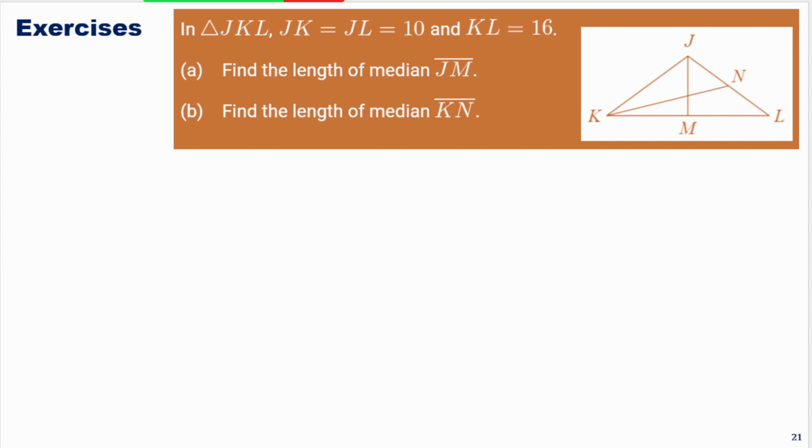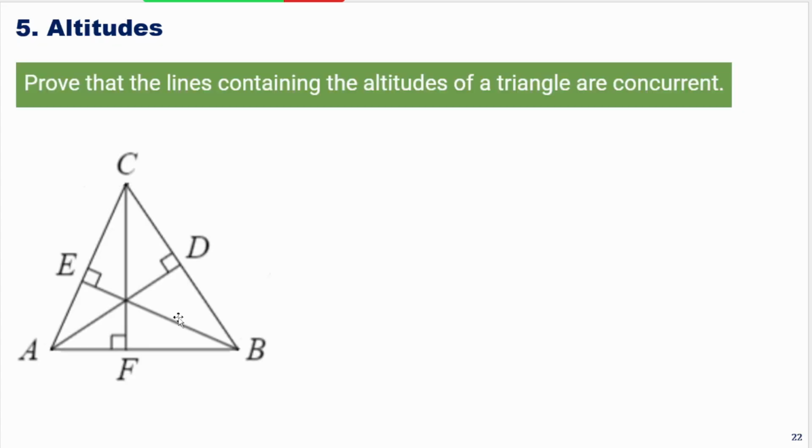And one last property regarding the special parts of a triangle is the altitude. We can actually prove that all the lines containing the altitudes of a triangle are also concurrent. Again, I'm not going to cover all of these.